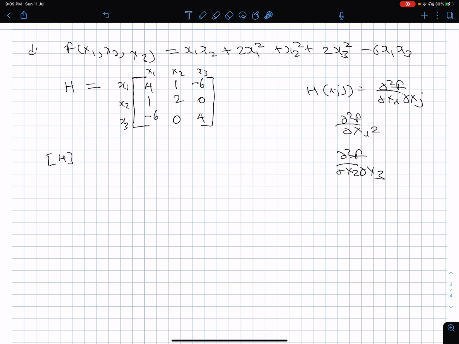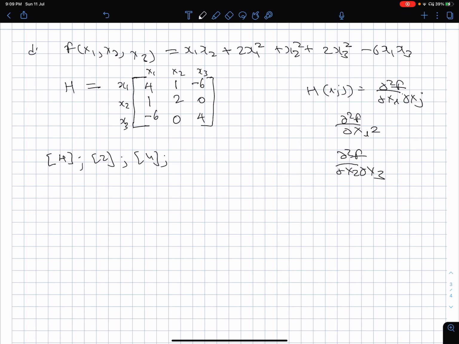First, all the submatrices along the diagonal which are one by one. So these three: 4, 2, and 4, incidentally all greater than 0. The diagonal should be greater than 0 if the matrix has to be positive definite. That criterion seems to be satisfied.